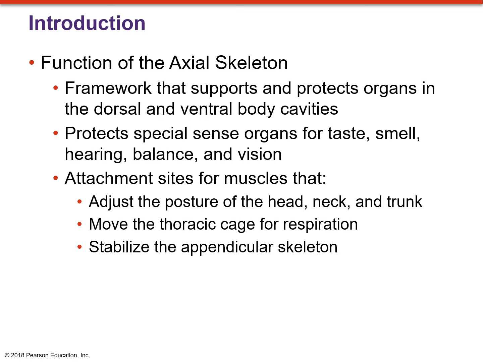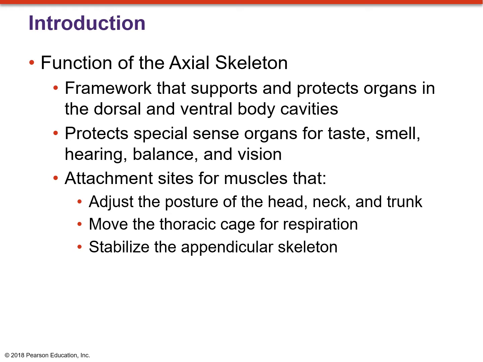So there are many functions that the axial skeleton will serve and provide. They include, of course, forming a framework that supports and protects organs in the ventral body cavities. It helps to house special sense organs for taste, smell, hearing, balance, and sight.